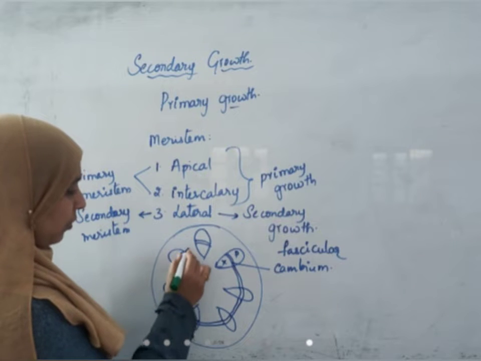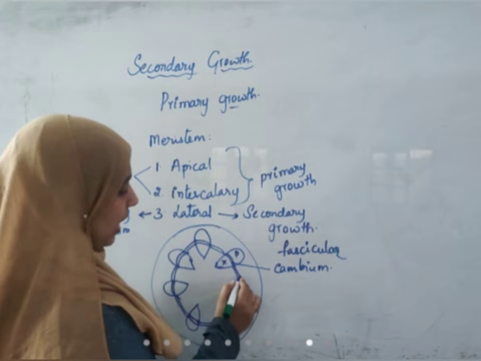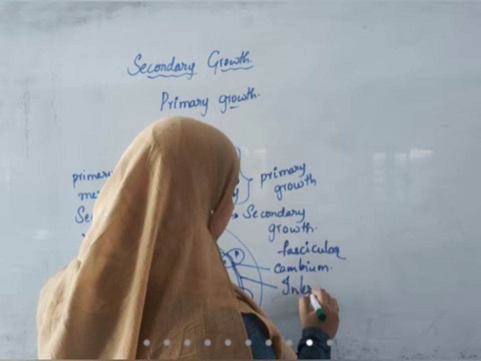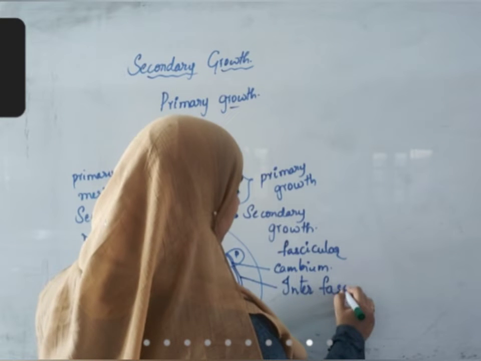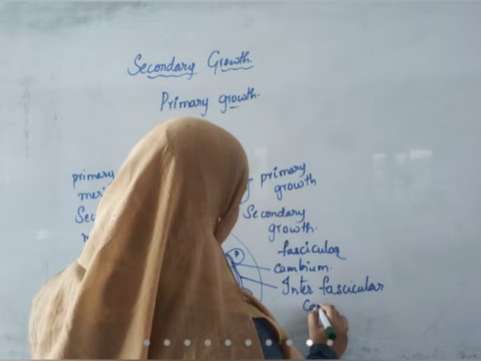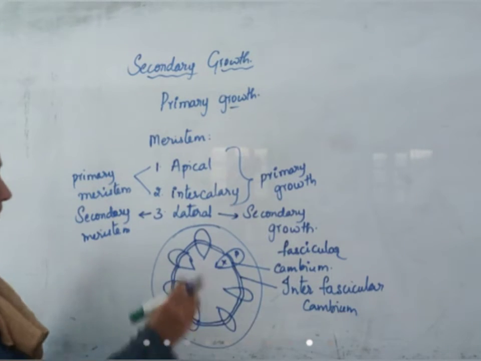This part of cambium tissue is called interfascicular cambium, since it is present between the fascicular cambium. Now it forms a complete ring.